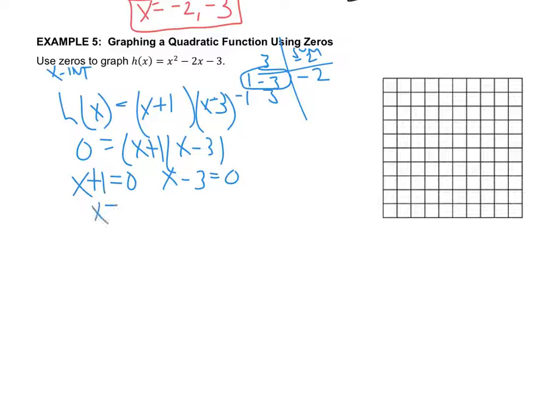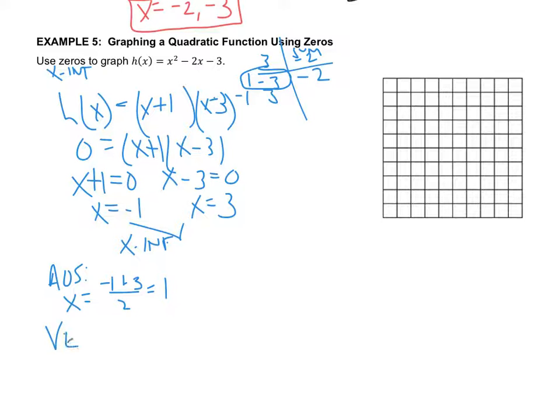I would subtract the 1, I would add the 3. So these are my zeros or my x-intercepts. So because of that, let's think about that. My axis of symmetry is going to be the 2 intercepts added together and then divided by 2. Negative 1 plus 3 is 2, divided by 2 is 1. So I know where my axis of symmetry is.